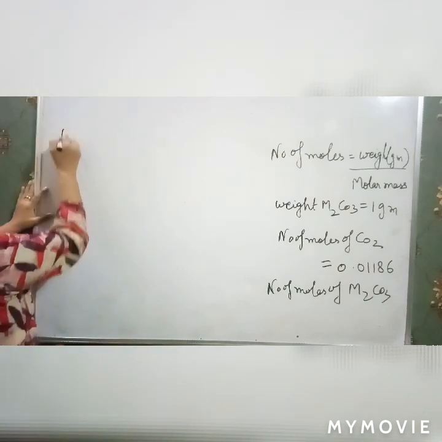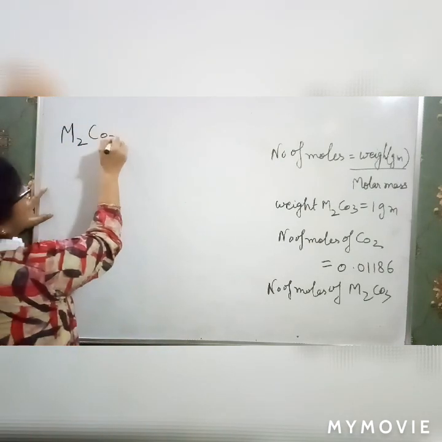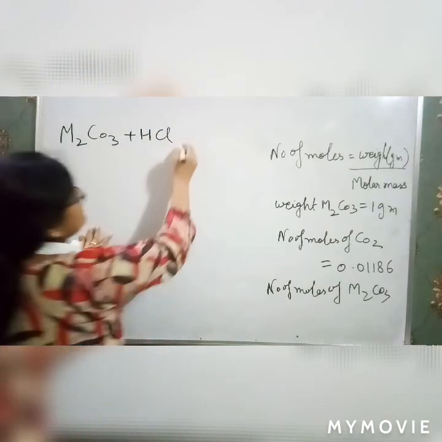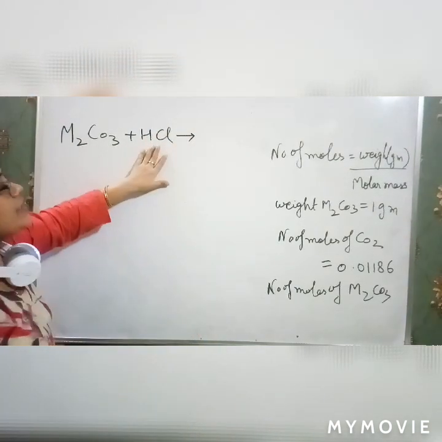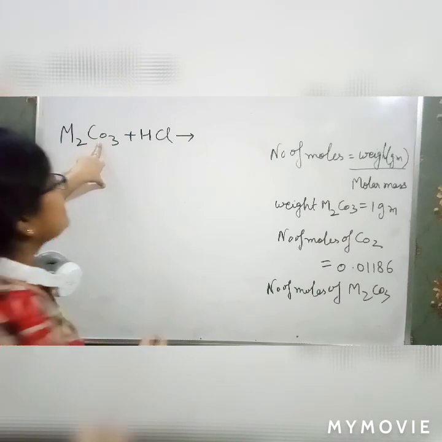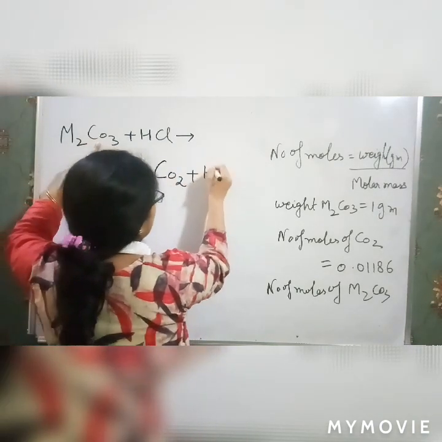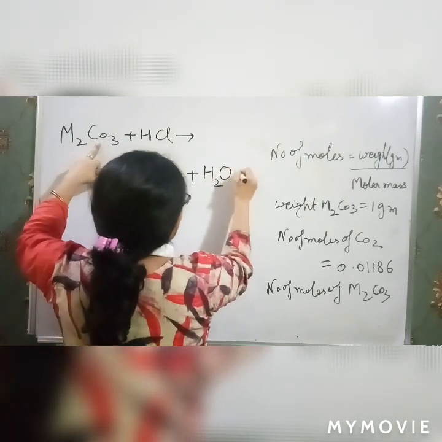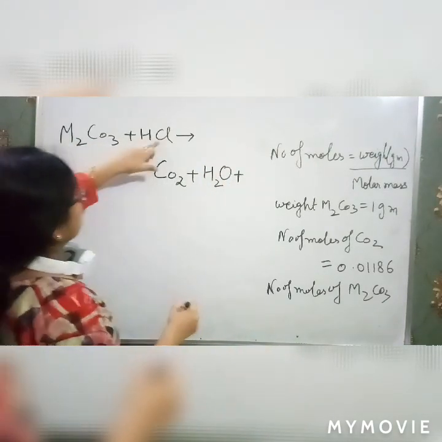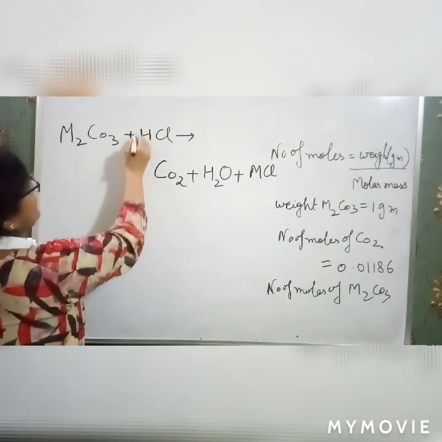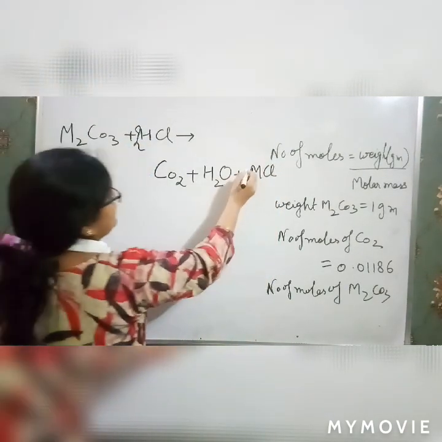It is given that the carbonate ore is treated with HCl. When there is a carbonate, we must get CO2, and this is the acid, so we must obtain water, and the compound we get is MCl. Okay. So now balance it, we write 2 over here and 2 over here.